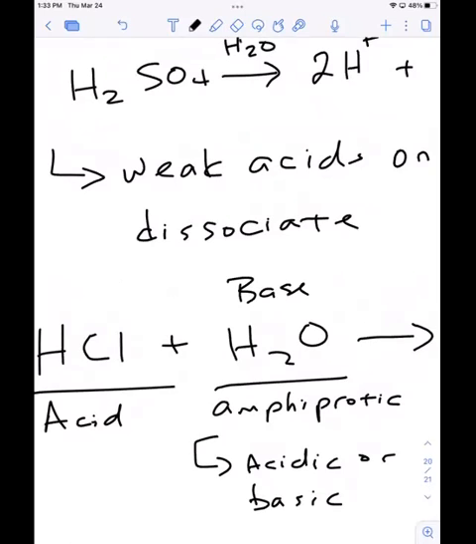Let me write this out like I did for the morning class so we can get in the habit of seeing what's happening. This is what the structure of water looks like: bent geometry, 2 lone pairs on oxygen.